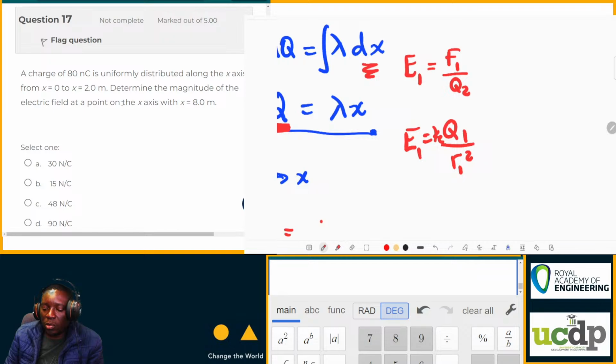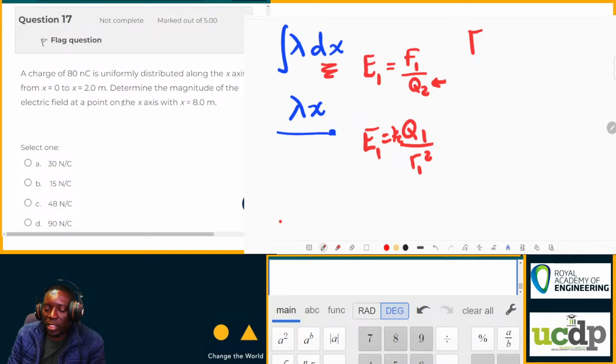Why I used Q2 in this case: this is the force on Q2 due to the electric field or due to charge Q1. So basically the electric field E1 will be the force per unit charge, where the unit charge is the charge that is introduced into the electric field of Q1. So E1 will generally be the force per unit charge like that.